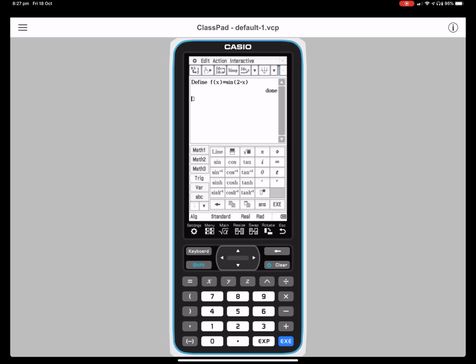So we want f of 3 pi on 4 minus f of pi on 4 squared, plus 3 pi on 4 minus pi on 4 squared.